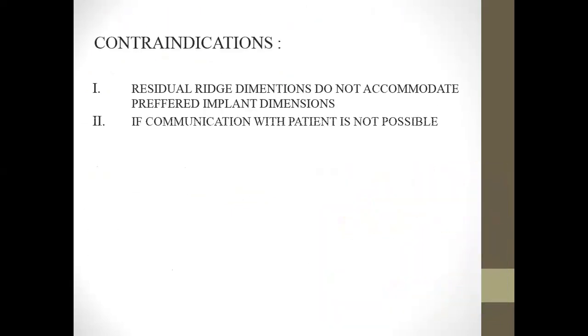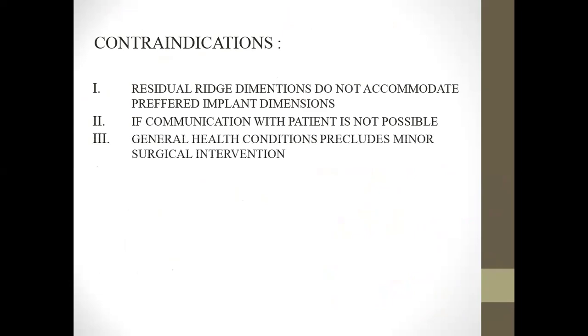The contraindications for such treatment would be, first, any contraindication for surgery for the patient. If the general health doesn't allow for surgical intervention, you don't go in for implant therapy.